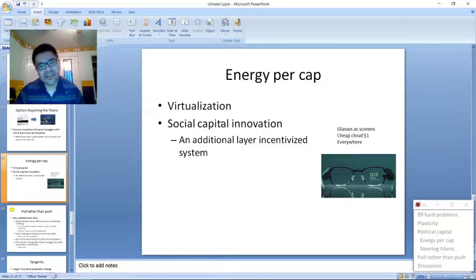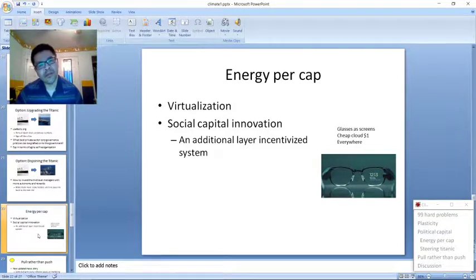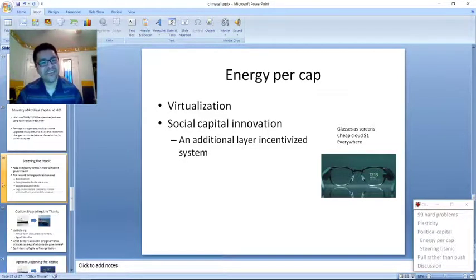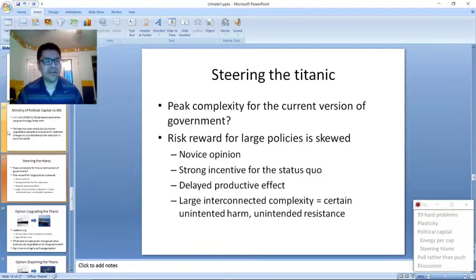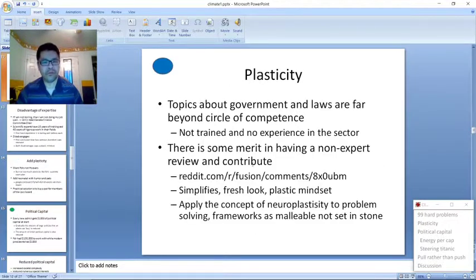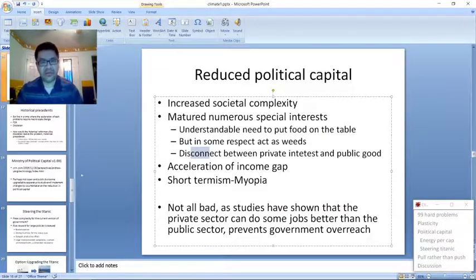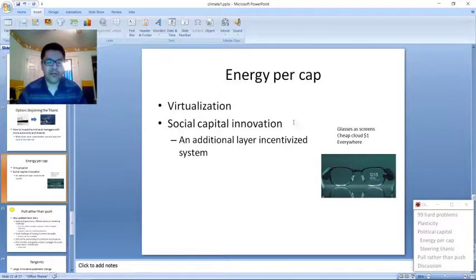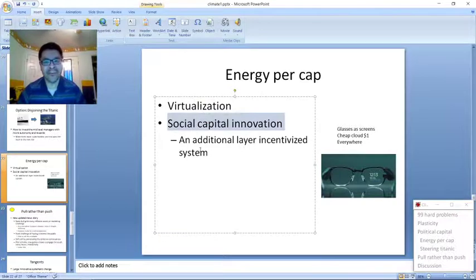One of the things is this disconnect between private interest and public good, and China's social capital innovation is designed to at least start towards addressing that.